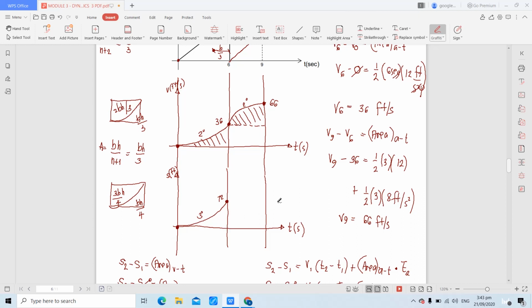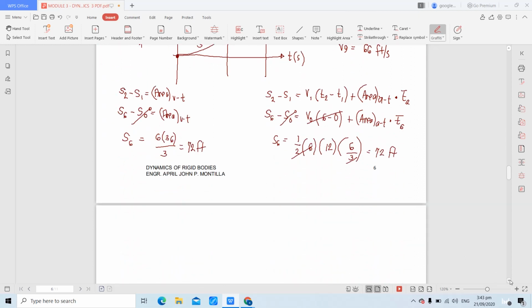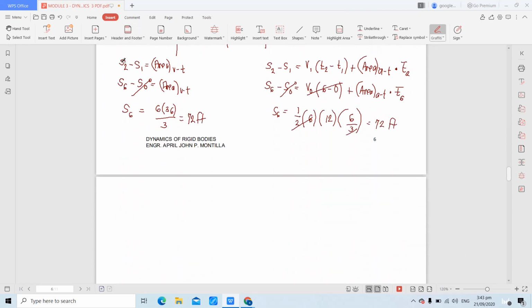Sunod, 6 seconds to 9 seconds. Change in position pa din. Okay, gamitin muna natin to. Anong final natin ngayon? Position at 9 seconds. Minus, anong initial? Position at 6 seconds. Area ng velocity versus time graph from 6 seconds to 9 seconds. No? Ano yung position at 9?